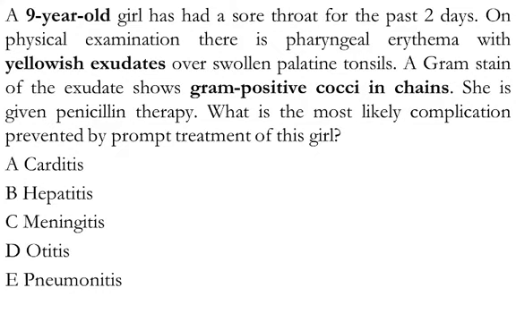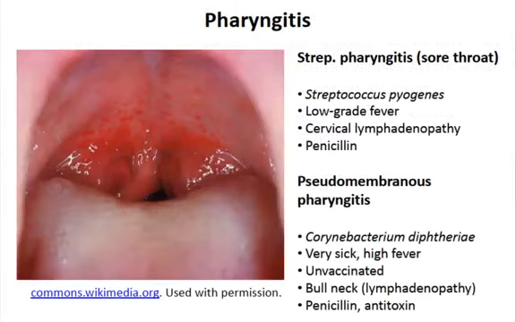So it must be carditis, and the story is about angina or acute tonsillitis, very common nowadays amongst children. You see, pharyngitis in this case, redness of pharynx, redness and swollen tonsils.